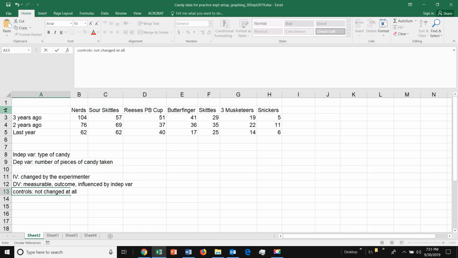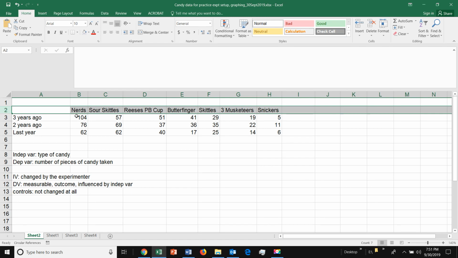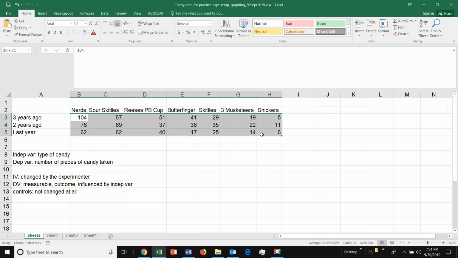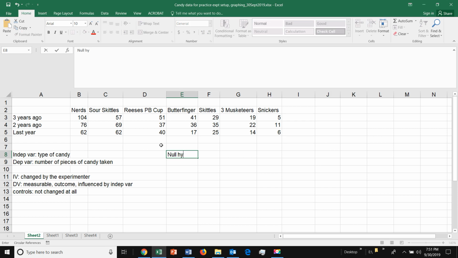All right, so we have independent variable, type of candy, dependent variable, number of pieces of candy taken. So now we need to make our hypotheses, right? And so the null hypothesis, you guys are all really good at this, I'm confident, is the no effect or no difference hypothesis. And so for the null hypothesis, we would say, type of candy has no effect on number of pieces taken.